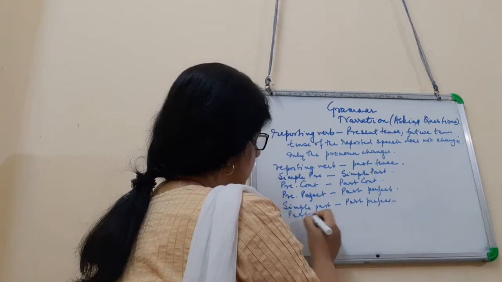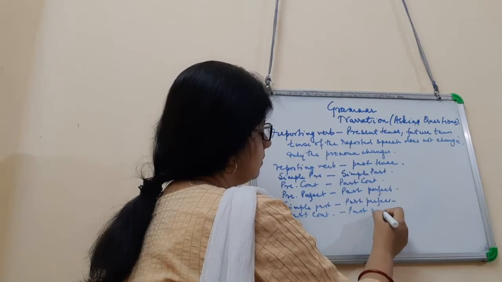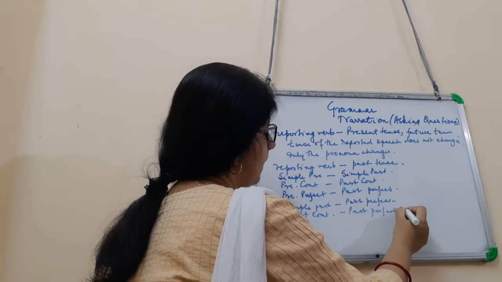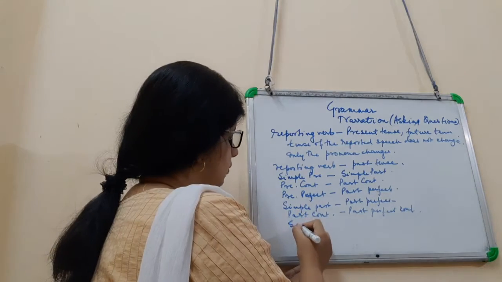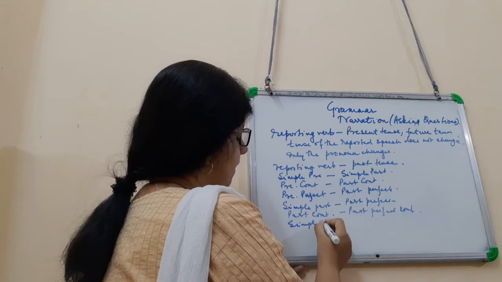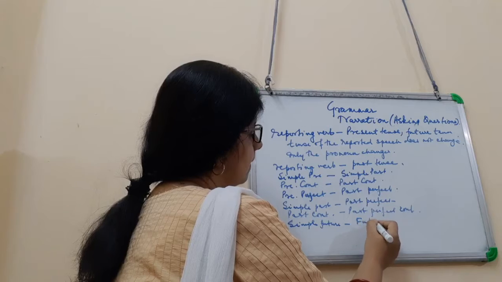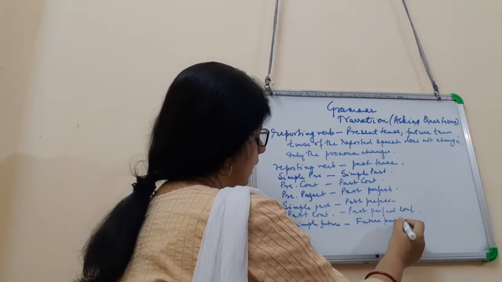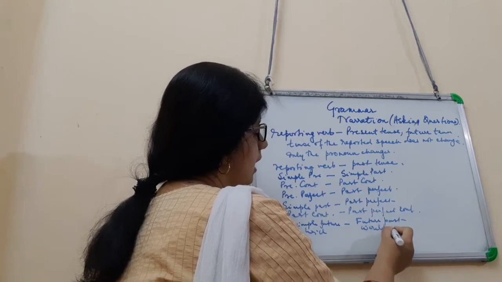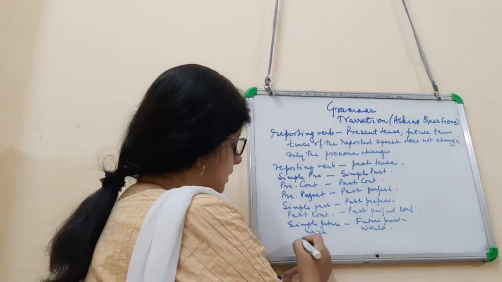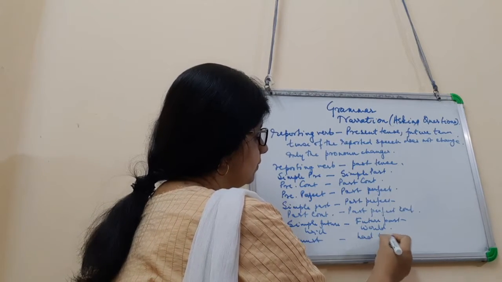Past continuous to past perfect continuous. Then say simple future to future past. For example, will changes to would. Then again, must changes to had to.